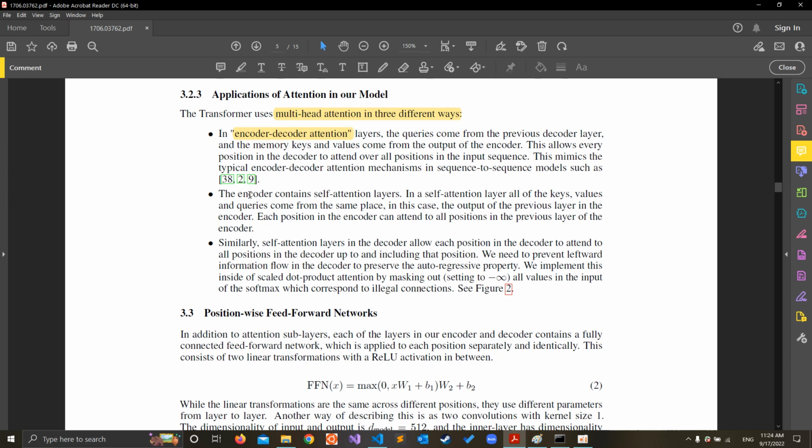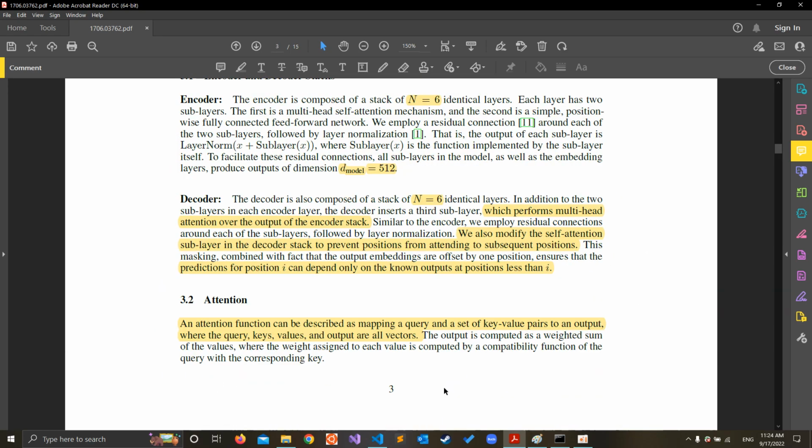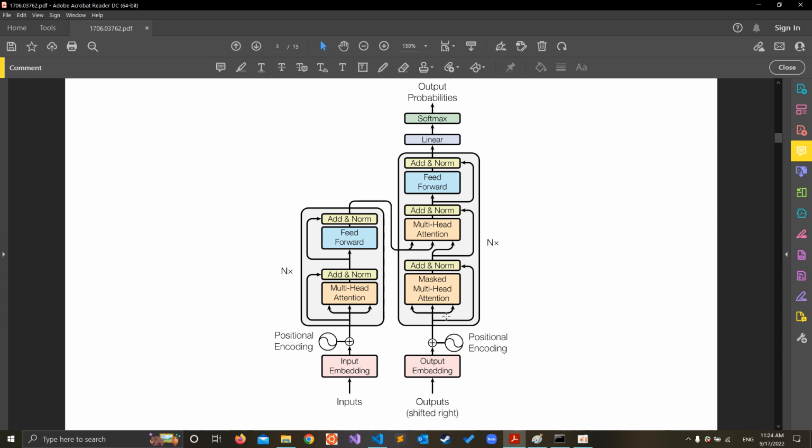Let's talk about this. They have something called encoder-decoder attention, in which the queries come from the previous decoder layer and the memory keys come from the encoder. So what does it mean? Consider that we have this encoder.